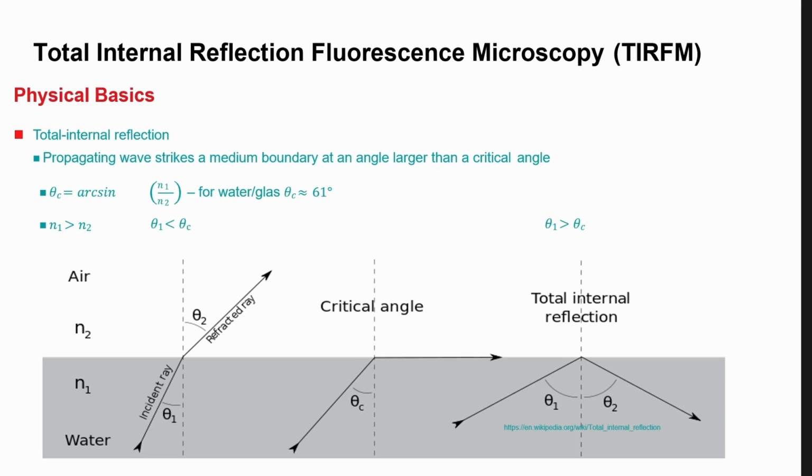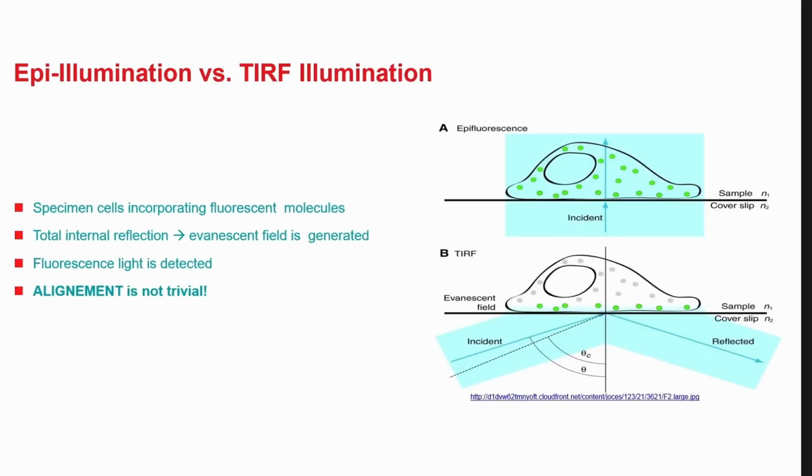Maybe 100 nanometers, 200 nanometers or so. So basically what happens is that unlike using a regular perpendicular light beam, if I go at an angle, then in this layer here, the electromagnetic wave will penetrate into the other medium, just a little bit.